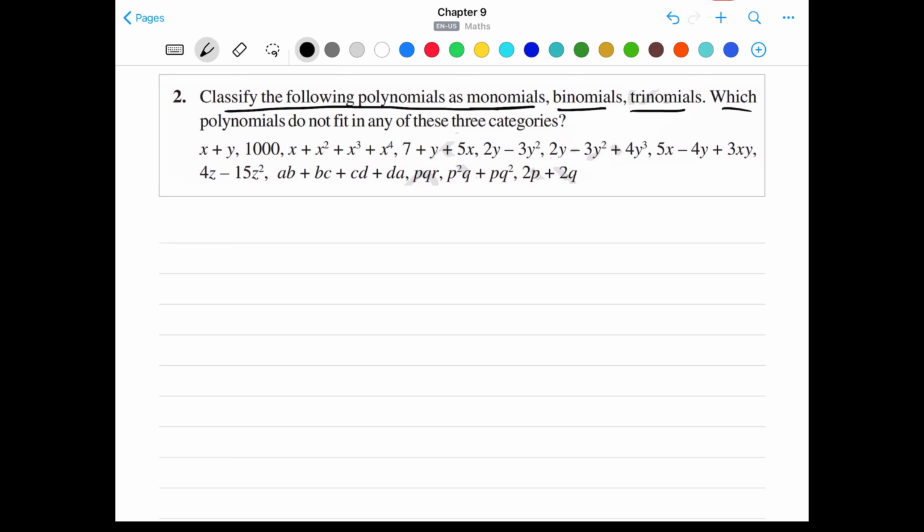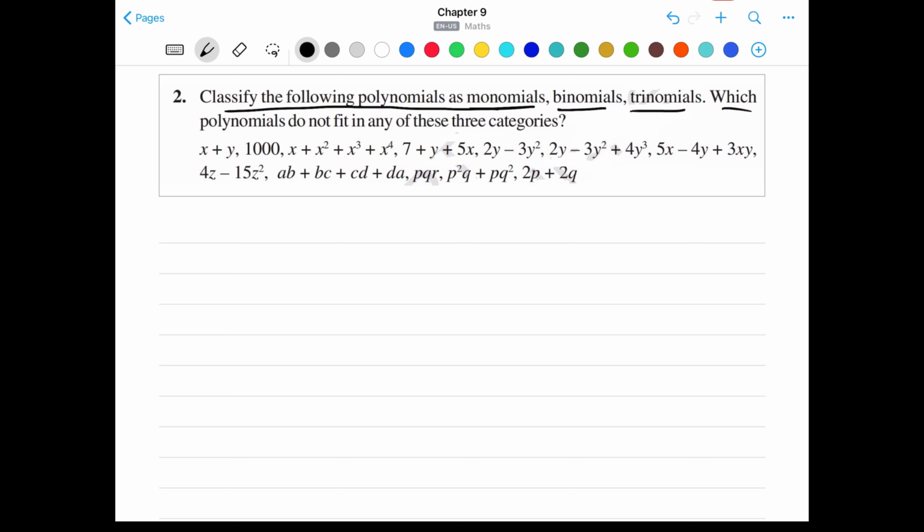Okay, I'm going to write this horizontally. You can also write it in column form. Okay, so first we'll write here monomials, then we'll have binomials, trinomials, and polynomials, those which will not fit in any of the three categories.